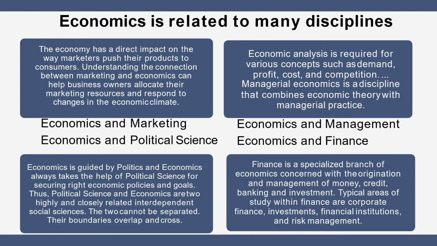Economics is guided by politics, and economics always takes the help of political science for securing right economic policies and goals. Thus, political science and economics are two highly and closely related interdependent social sciences. The two cannot be separated. Their boundaries overlap and cross.